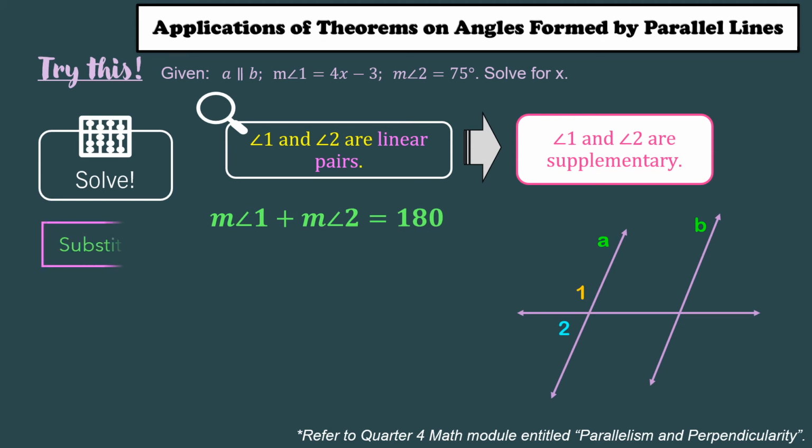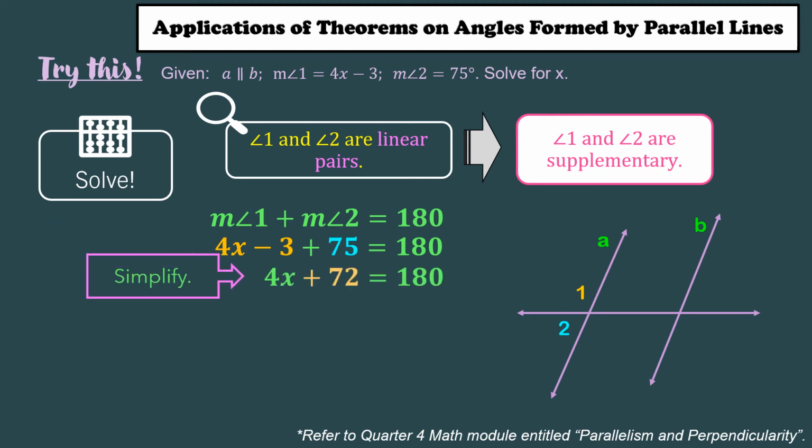We then substitute the measures of angles 1 and 2, which are 4x minus 3 and 75, into the equation. We simplify the equation by adding negative 3 and 75 to get 4x plus 72 equal to 180.